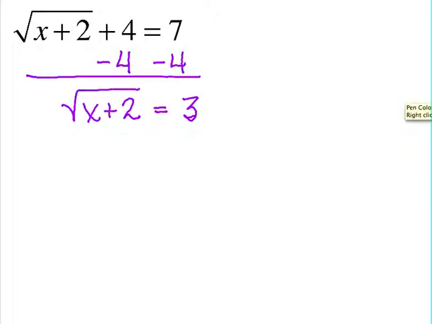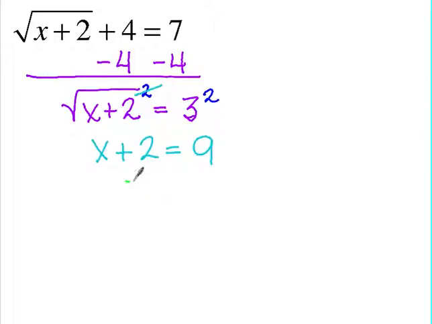We isolate the radical. Step 2, raise each side of the equation to a power to get rid of the root. Well, how do you undo a square root? You square, so I'm going to square both sides. On the left, when you square the root, you're left with x plus 2. On the right, what do you have? 9. That's step 2. Step 3 is to solve.